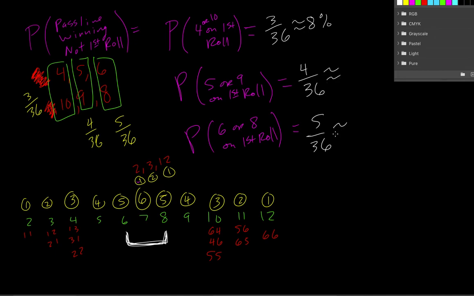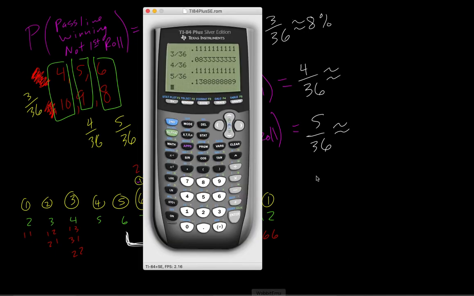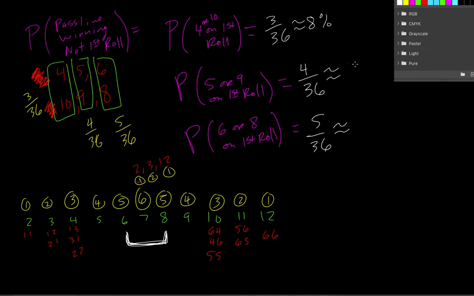There's some lag, I don't know what's going on with that. The 4 over 36 we already found, so it's 11, and then the other one's about 14. So basically, depending on what we roll the first time, it's going to change this probability to one of those 3 probabilities.